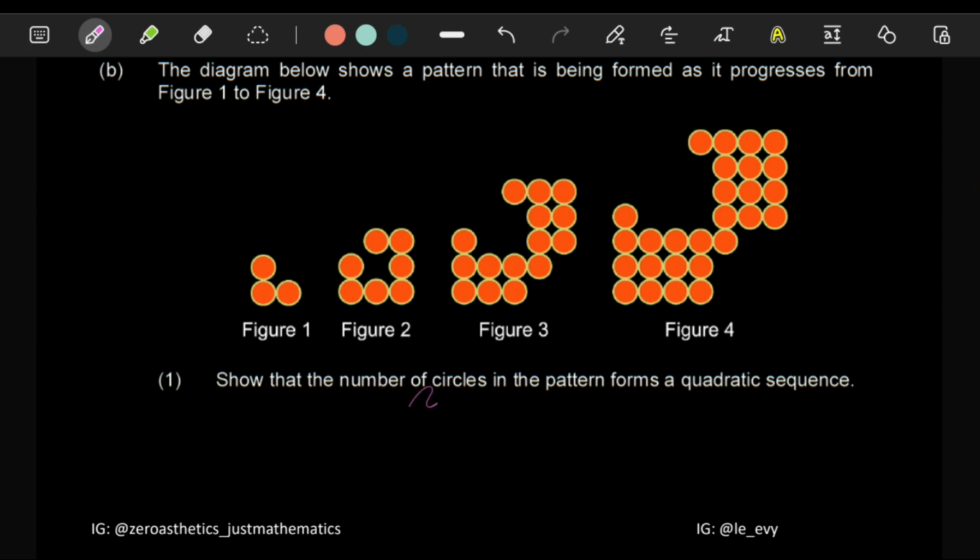So let's see, 3 circles. Then the next one is 3, 4, 5, 6, 7. The next one, 3, 4, 5, and so on up to 15. Wow, getting marks for counting. The last one is 4 plus 9.